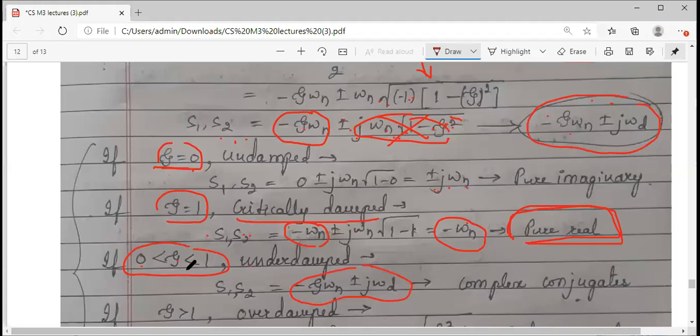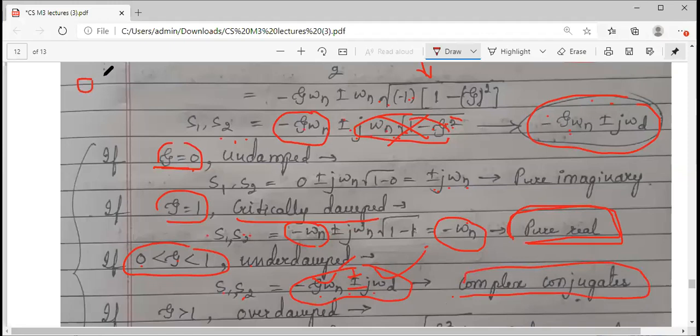No, we want to have a general discussion. That's why, as it is, whatever equation is there, it has both a real term and an imaginary term, and in between you have plus or minus. It means if you take plus for S1, you have to take minus for S2. So the roots that you get are complex conjugates.